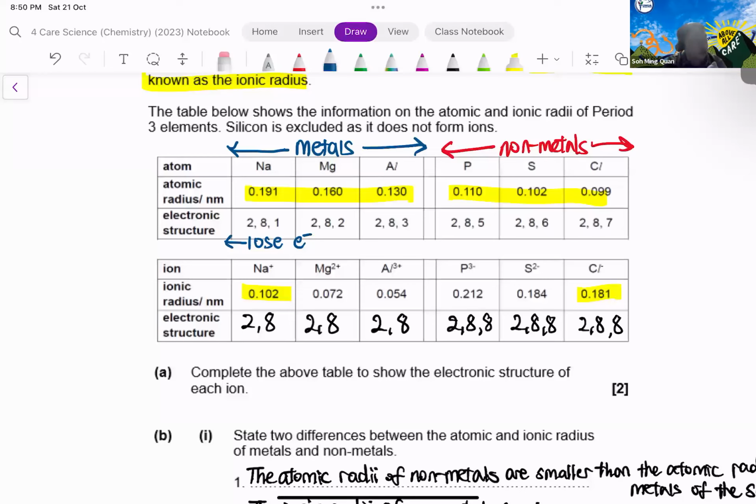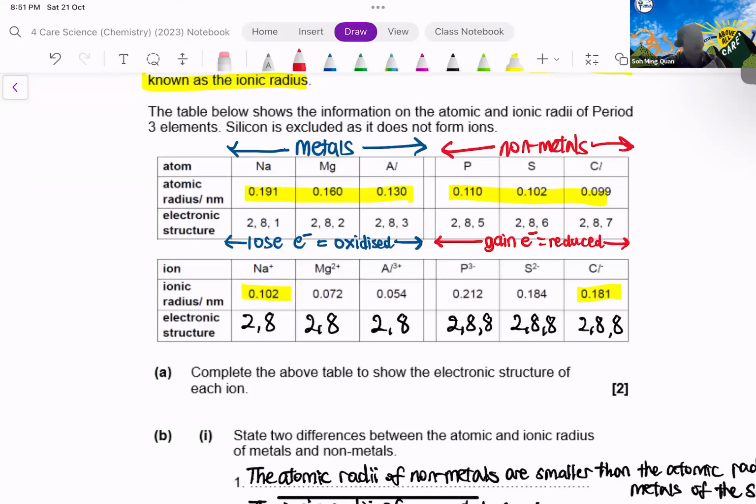So lose electrons means oxidized. So metals are easily oxidized. On the other hand, non-metals will gain electrons. And by the definitions of redox, gain electrons means reduced. Okay? So non-metals are easily reduced.